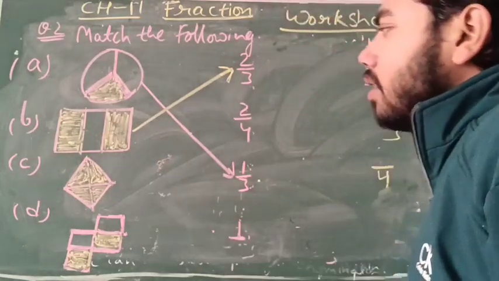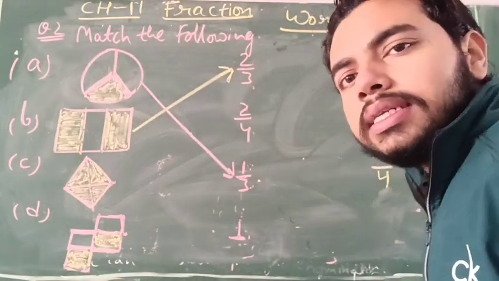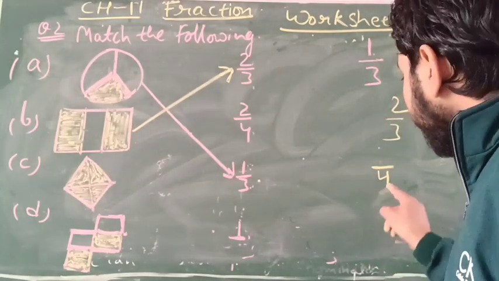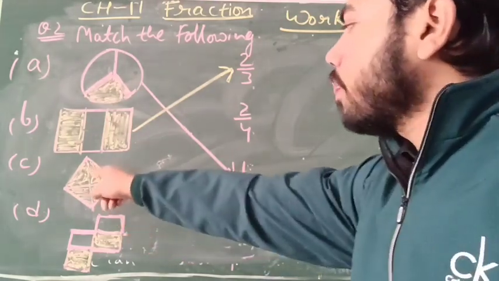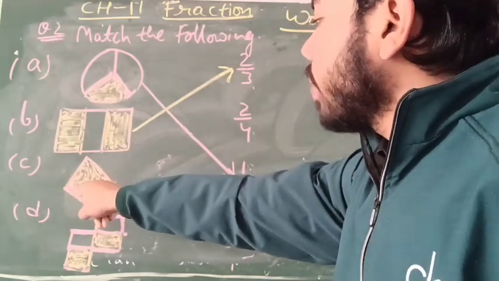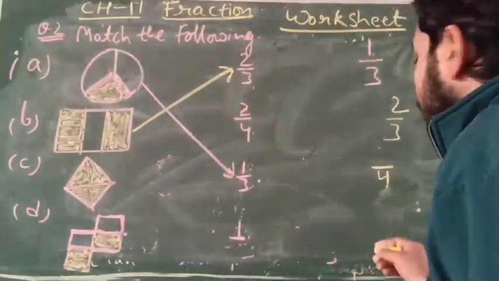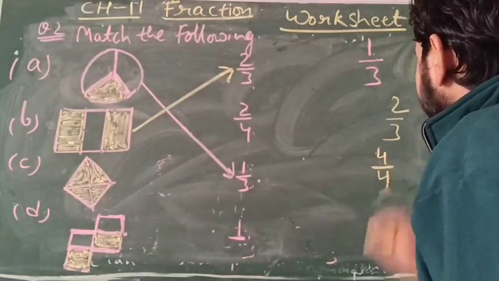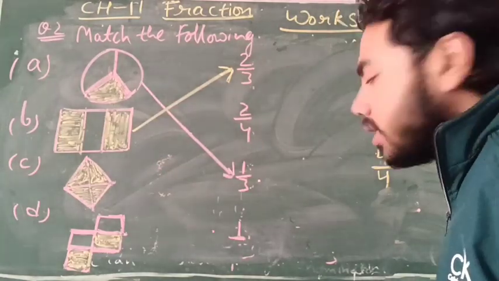Out of all 4 parts we get all parts, it means the numerator is 4.